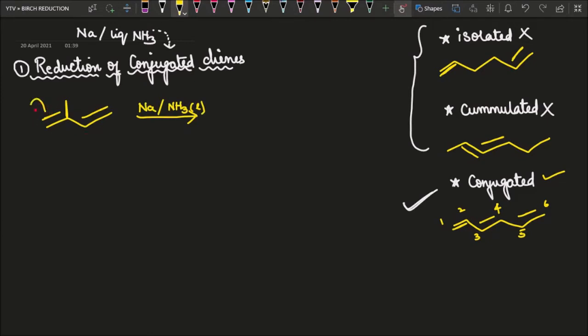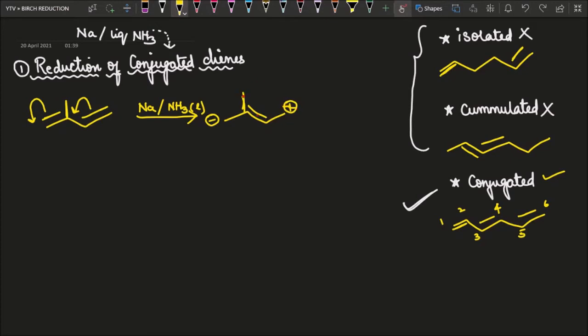So this double bond can shift to this carbon, and this double bond can shift over here. So if there is shifting of double bonds like this, your substrate is going to change. So here there is going to be a negative charge on the first carbon, and then the double bond has shifted over here. So this carbon is now going to get a positive charge. Okay, so there is a negative charge over here and a positive charge over here.